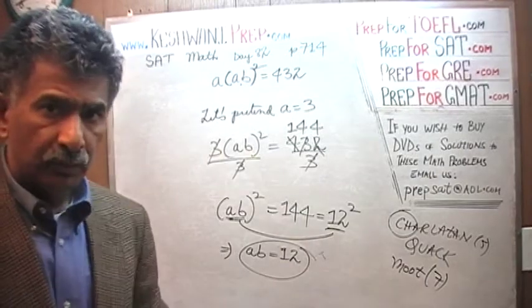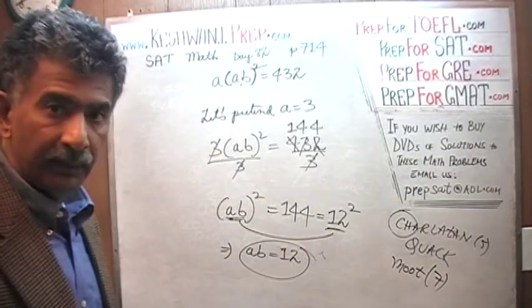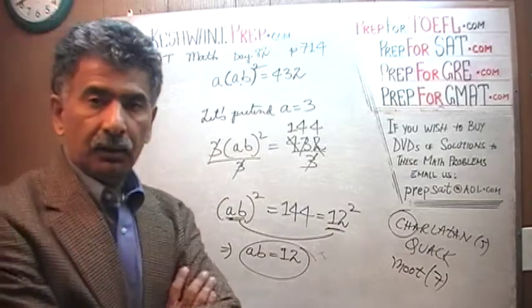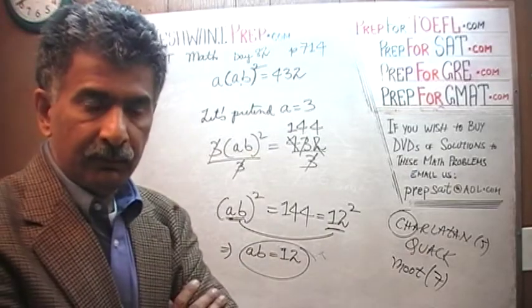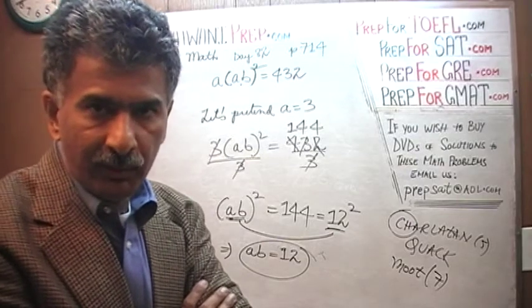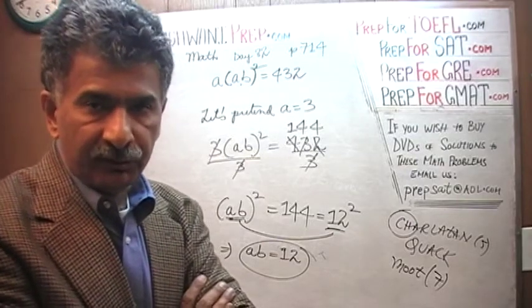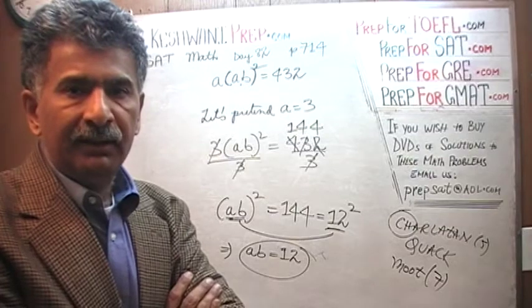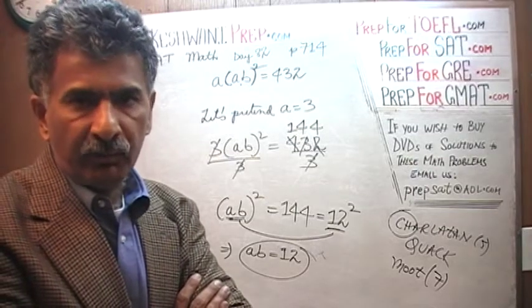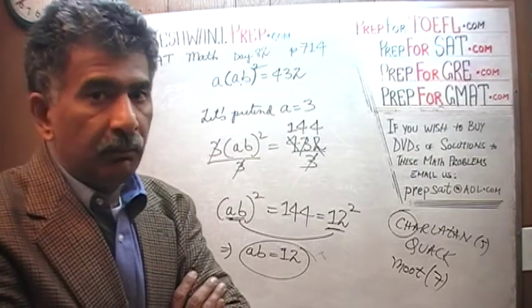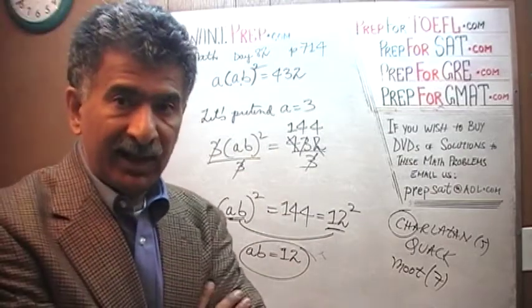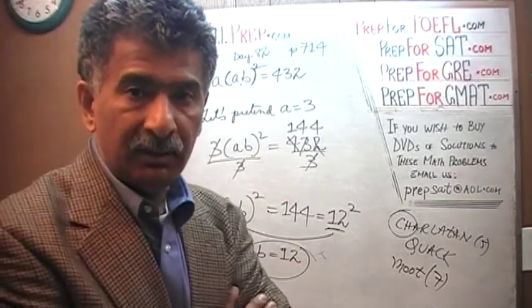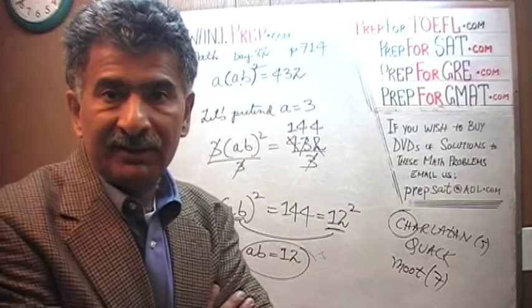Now we do not know the value of A and B. We have no way of knowing which one is 2 and which one is 3. All we know is that when you multiply them, because they are whole numbers, because they are integers, we know for a fact that one of them is 3, the other one is 4, because 4 times 3 is 12. If they had asked us what's the value of A, all we can say is that A is either 3 or 4.